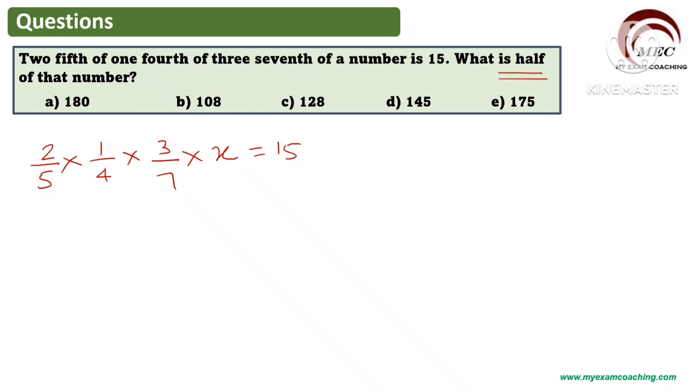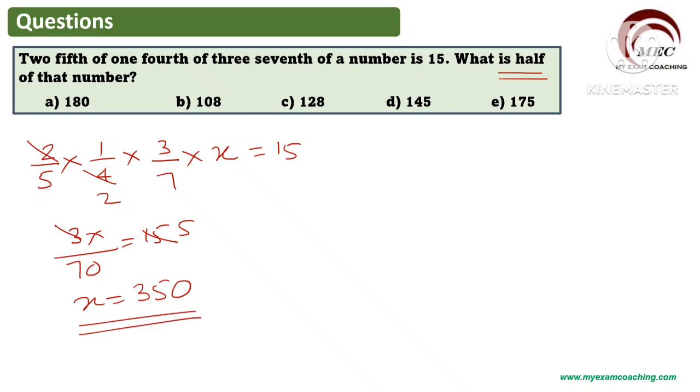So this number x we have to find out first. You can cut this 2 and this 4 two times. So it will become 3x by 5, 2s are 10, 10 into 7, 70, equal to 15. So you can cut 3 of 15 five times. X is equal to 5 into 70, 350.